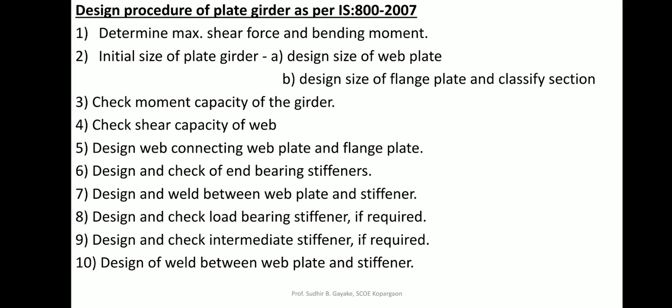Then calculate the moment capacity of the girder, check the shear capacity of the web, and design the connection between web and flange plate. Now comes the requirement of EBS, that is end bearing stiffeners, design of web plate, design of weld between web plate and stiffeners, check for load bearing of stiffener, check for intermediate stiffeners, and lastly design of weld between web plate and stiffener. So these are the procedure steps followed for design of your girders.